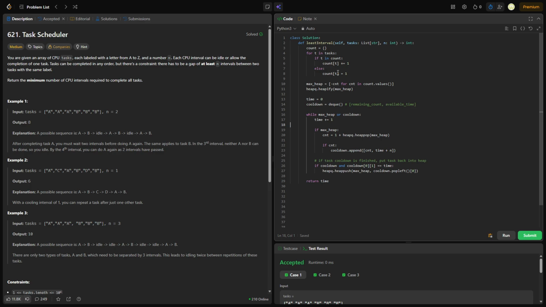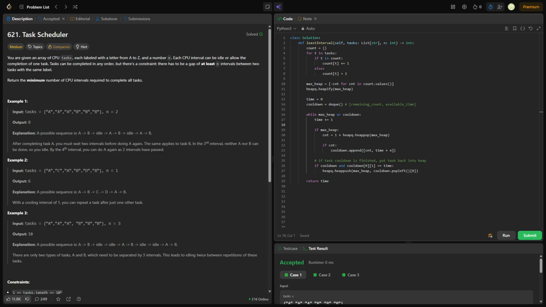Now we're going to have our more efficient solution. So really, there are 2 solutions. The first one is just the max heap approach.